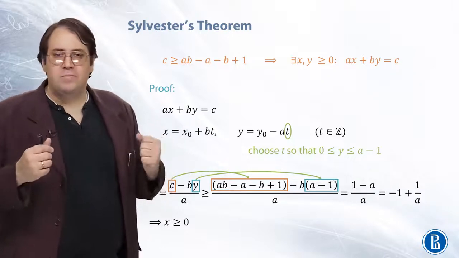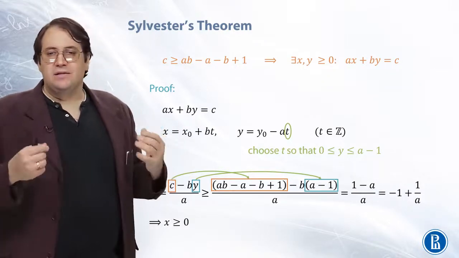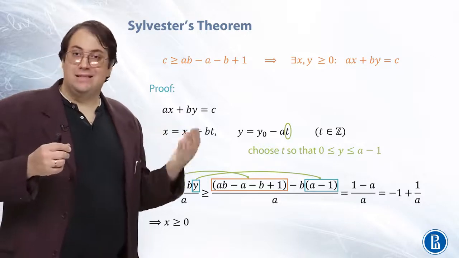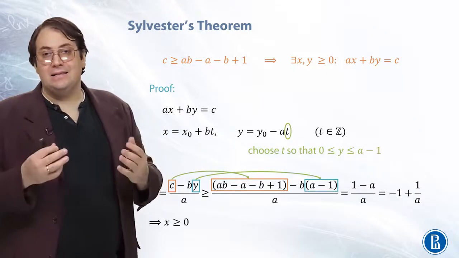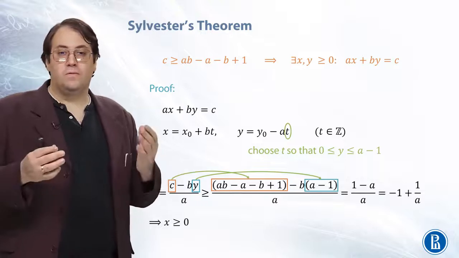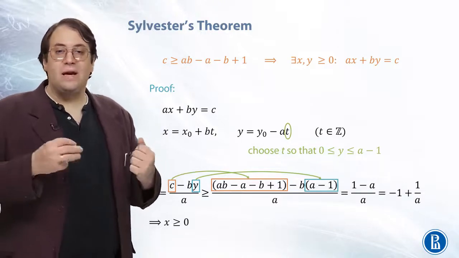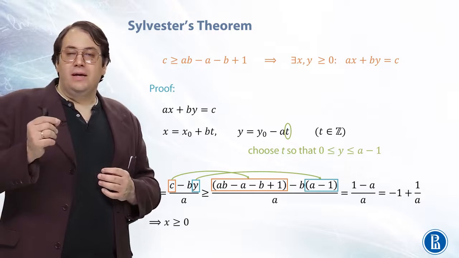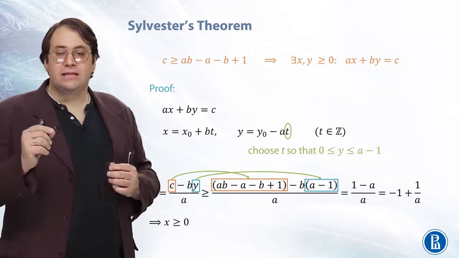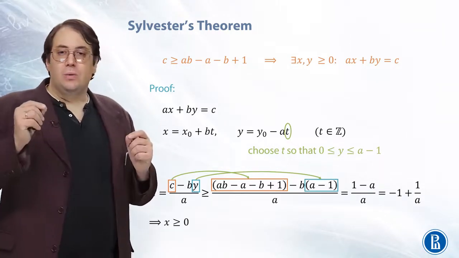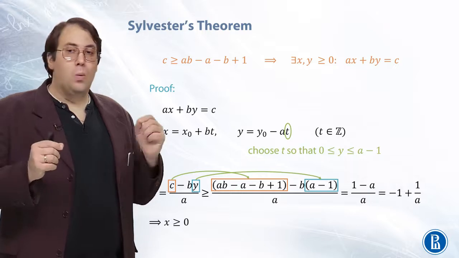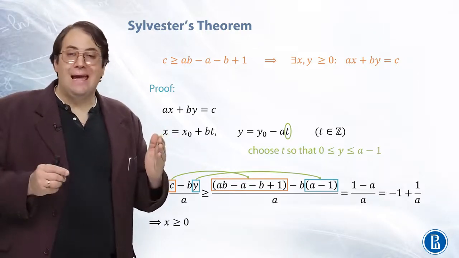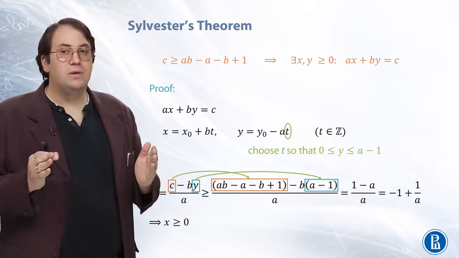Since a and b are mutually prime, a solution exists, and it has the form x0 plus bt and y0 minus at. So by varying this t, we can make y between 0, including 0, and a minus 1, including a minus 1.